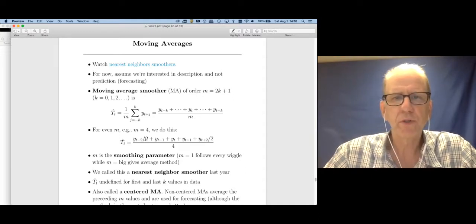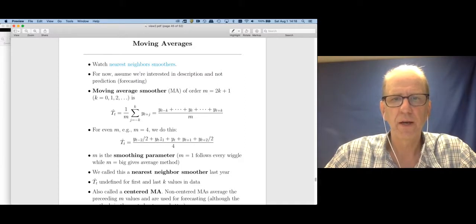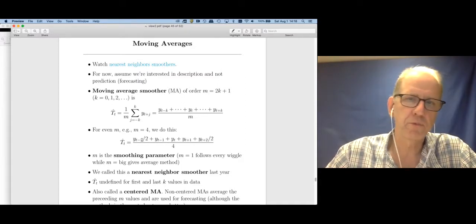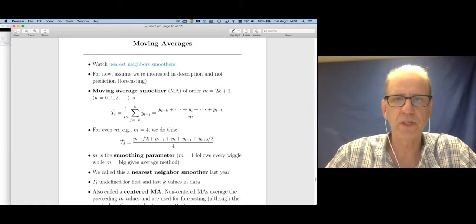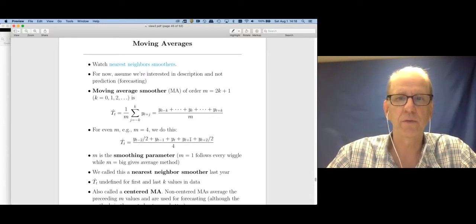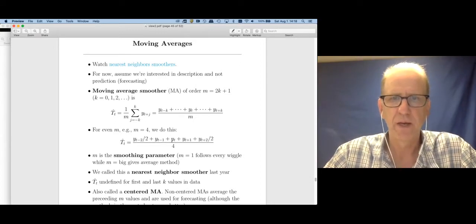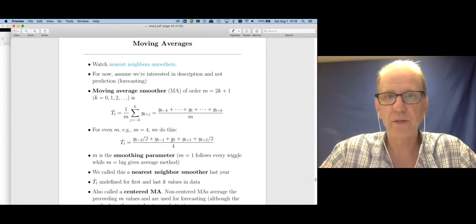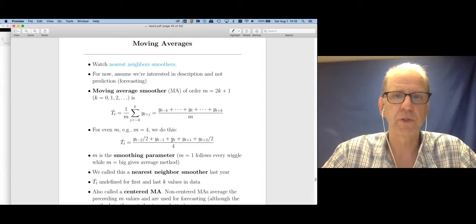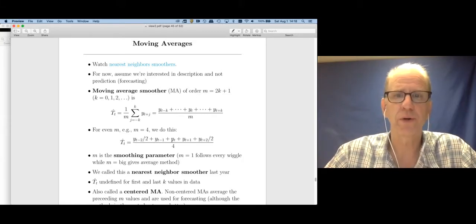So instead what I'm going to do is take half of the observation 2 away on the left and 2 away on the right. So each of those get half weight. Then the points adjacent to it get weight 1, as does the point itself. And so that's the way we handle moving averages with an even order.